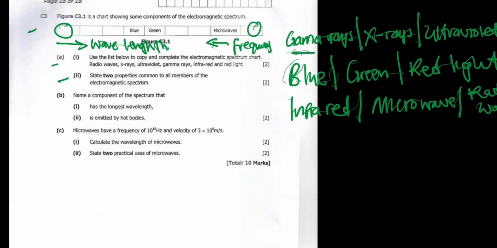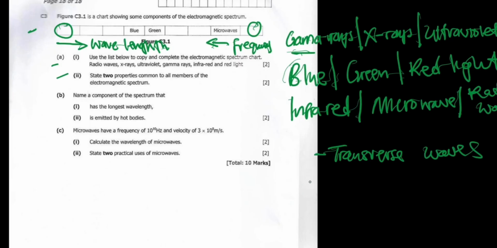Now, Question 2 says state 2 properties common to all members of the electromagnetic spectrum. Well, first of all, these are all transverse waves.